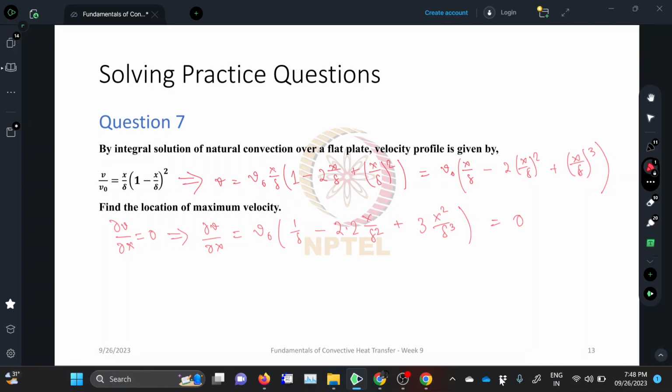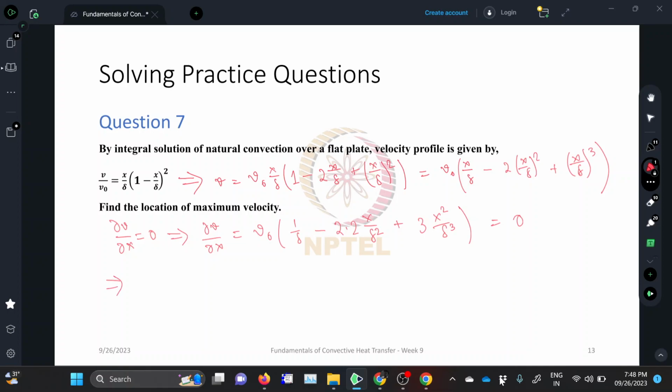Now this is a simple quadratic equation. So we will try to solve for this now. We will send this v naught to the other side, making it 0, and then multiply delta cubed with each term.